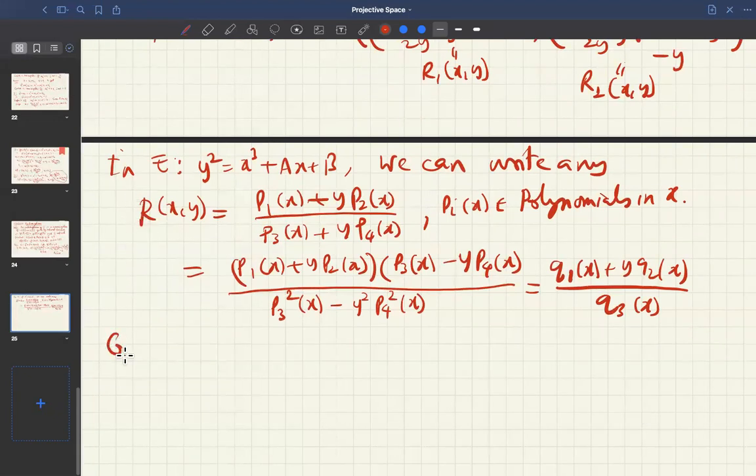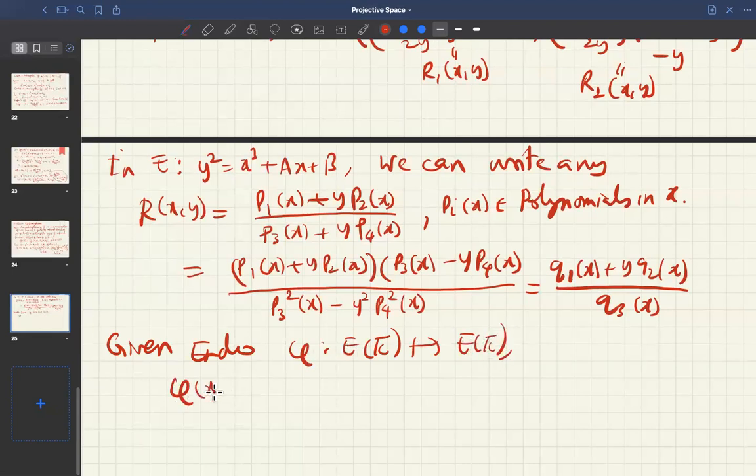Now given an endomorphism phi from E(K bar) to E(K bar), phi of (x, y) is (R1(x, y), R2(x, y)), which are rational functions which you can write in this form.